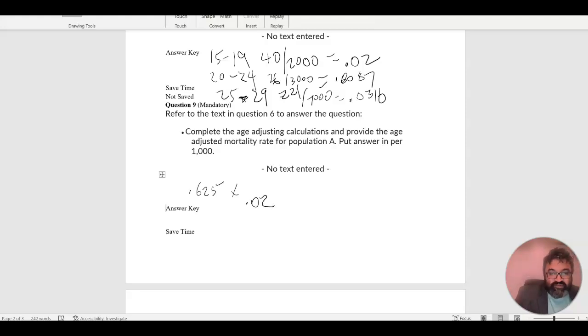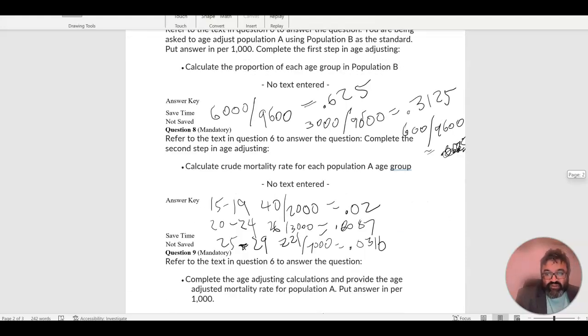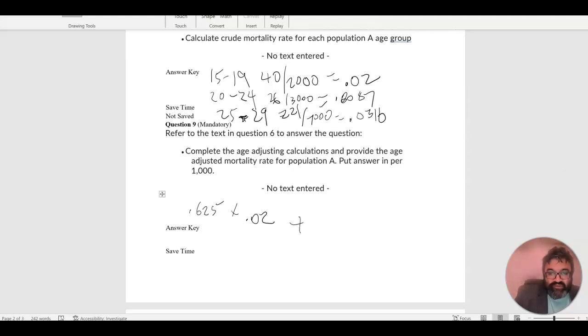Then you add the next number, 0.3125 times 0.0087, and then 0.0625 times 0.0316.